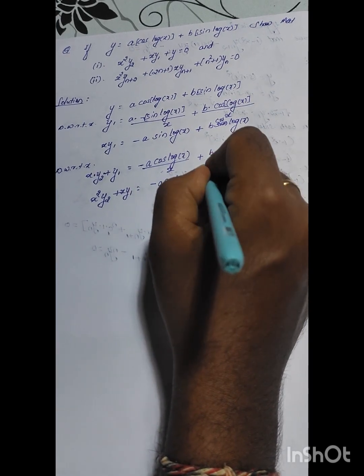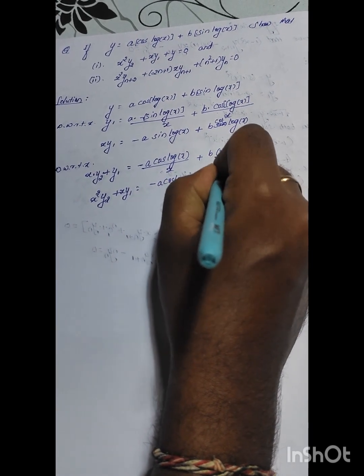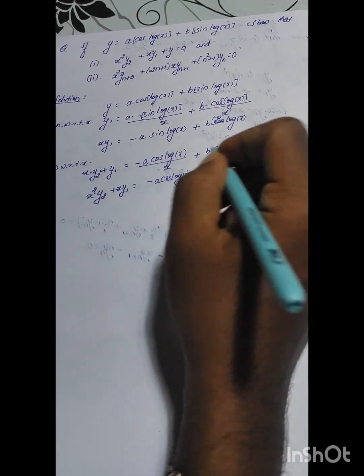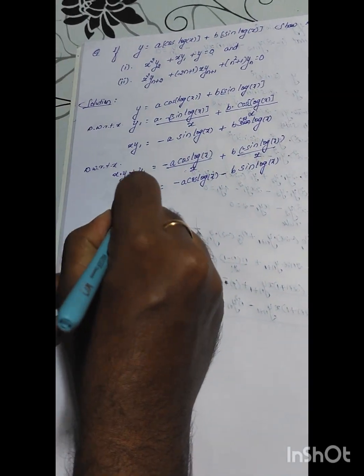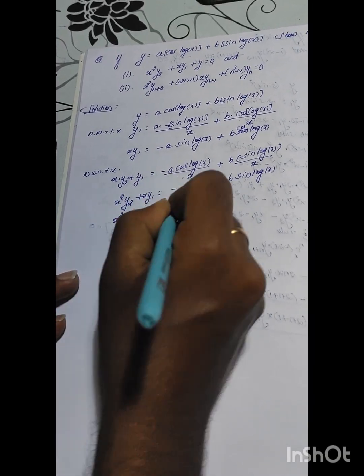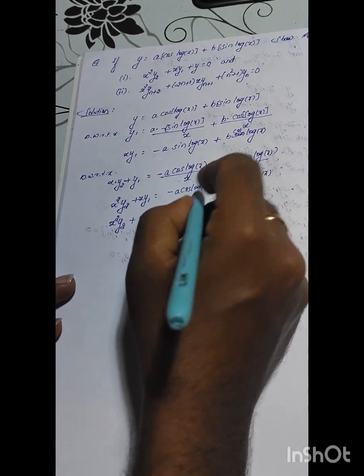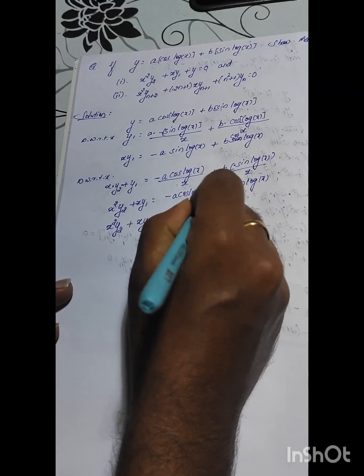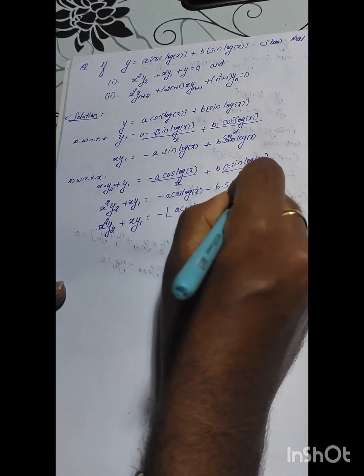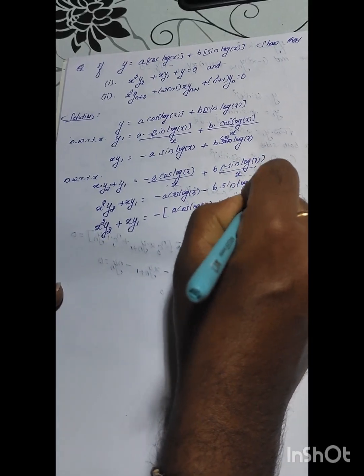The minus sign is there, so I will take the minus sign completely outside, so it will become a cos of log x plus b sin log x.